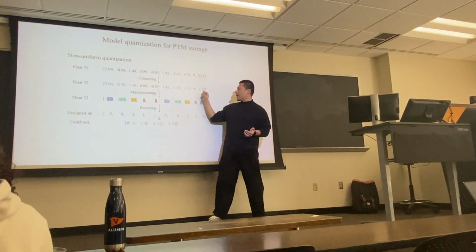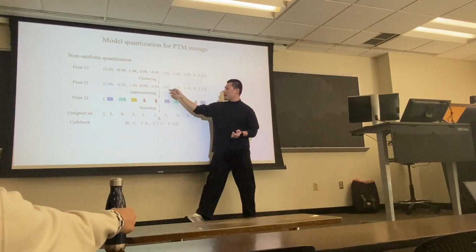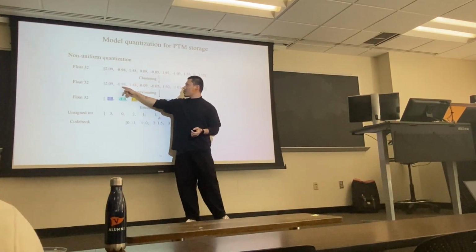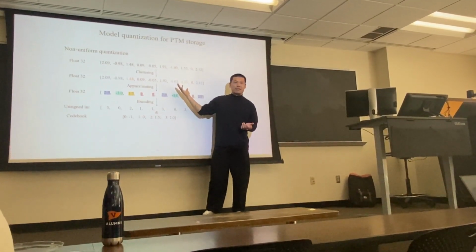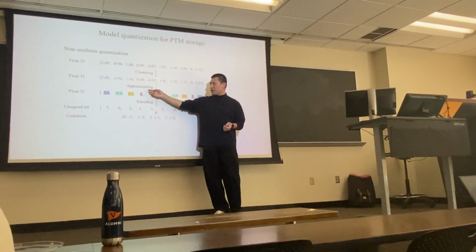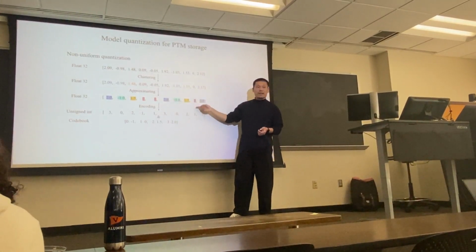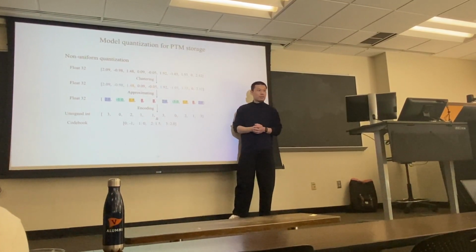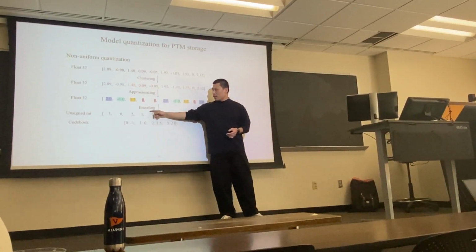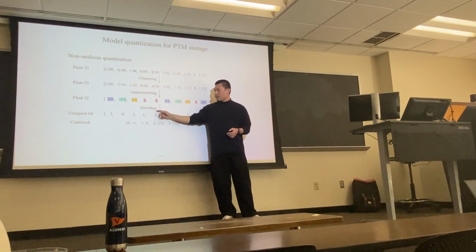This is like around 2, around 2, around 2, around -1, around 1.5, around 0, something like that. And we can do the approximating to map it into a bunch of numbers. And then the last step, encoding.